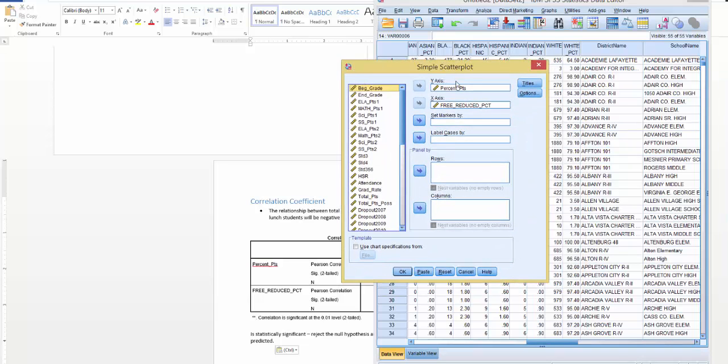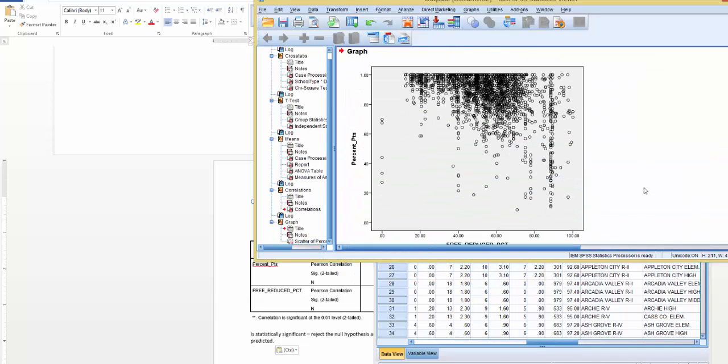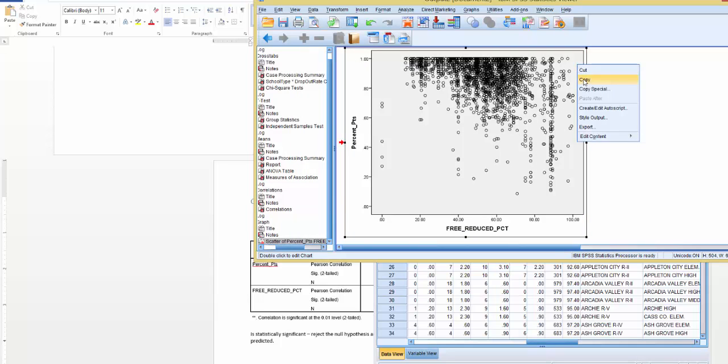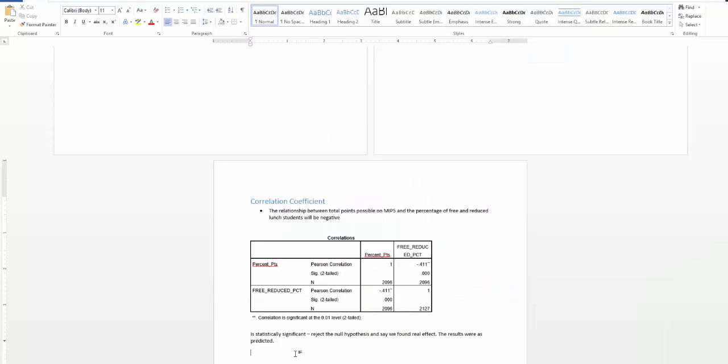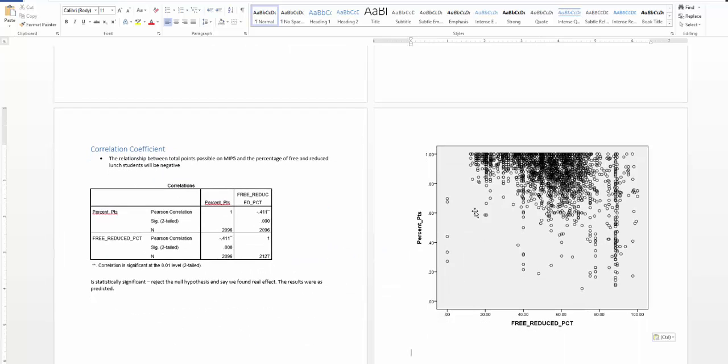We'll define it as the percentage of the points on the y-axis and free and reduced percentage on the x-axis. And there's our graph. We could edit this if we wanted to, but we're just going to copy it and paste it into our output.